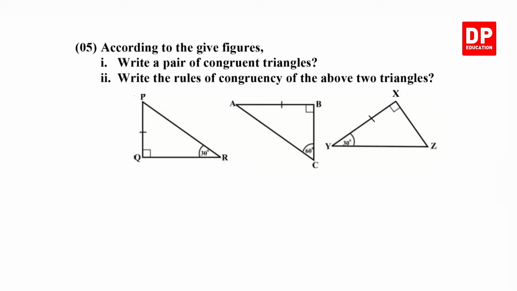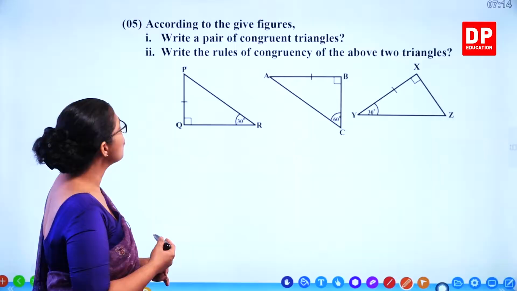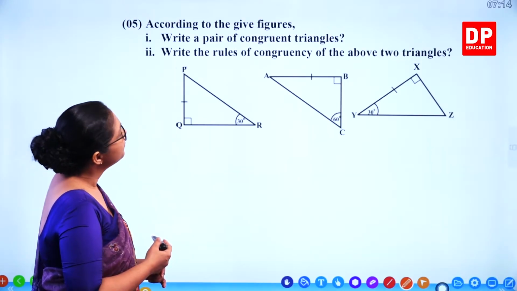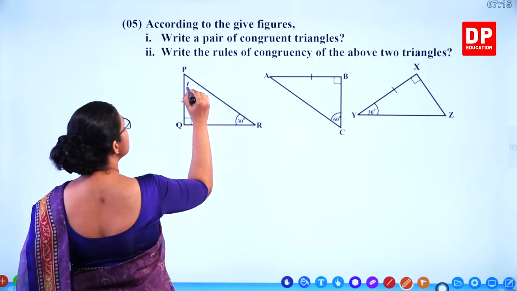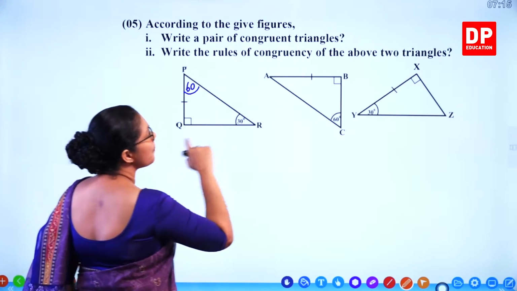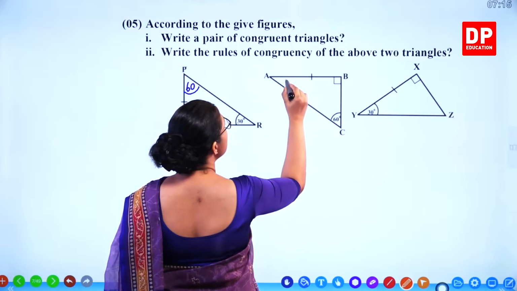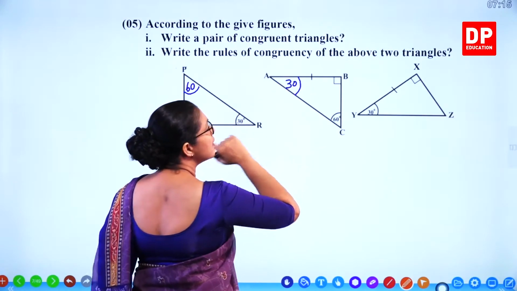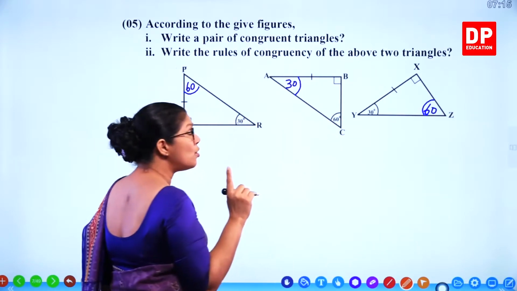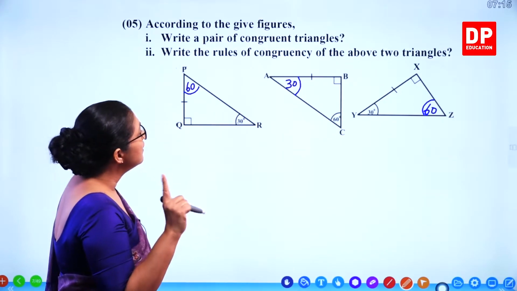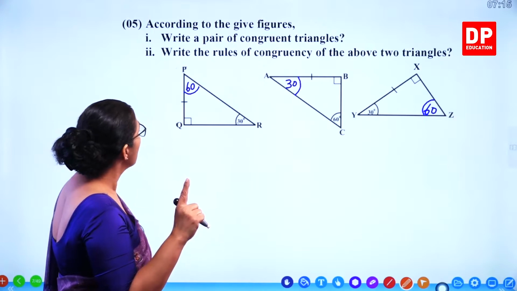Question number 5. According to the given figure, write a pair of congruent triangles. Okay, so we'll find out here 30. So this should be 60. 90, 60. So this is 30. 90, 30, 60. Angles are okay, but we need to check the sides.